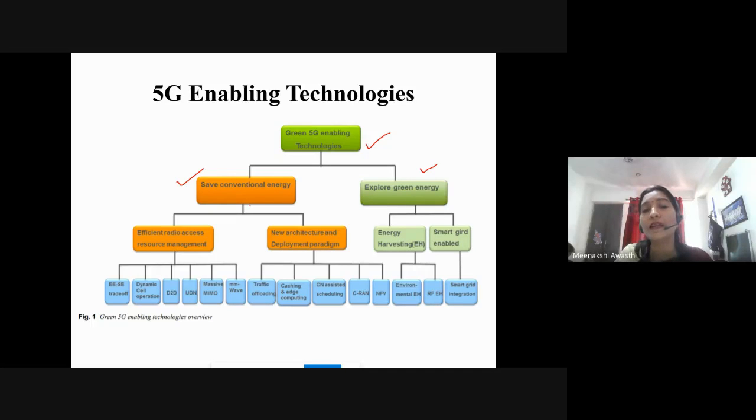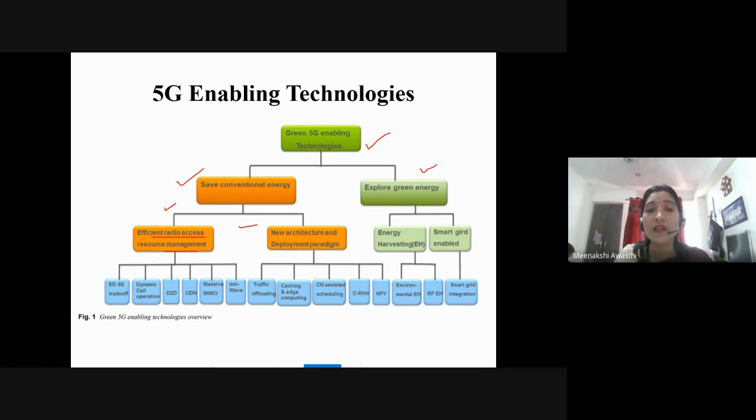I mean, what are the means and ways by which we can save the conventional energy? Broadly, we can classify it into two parts. The first is efficient radio access resource management, and the second is new architecture and deployment paradigm. These are the two broad areas by which we can save conventional energy.